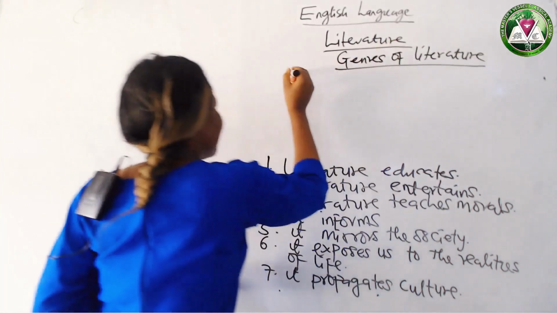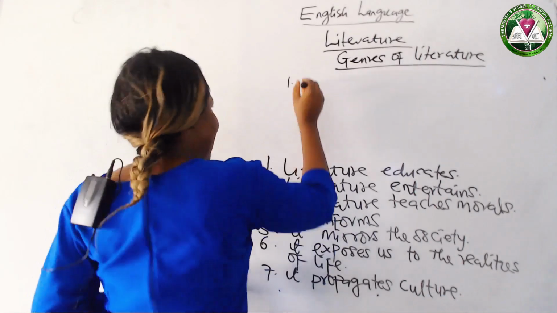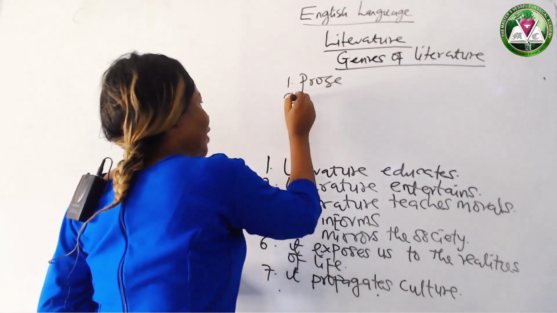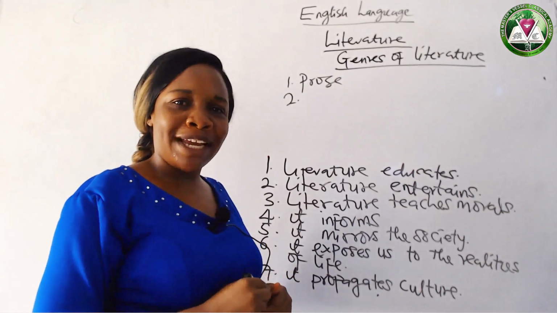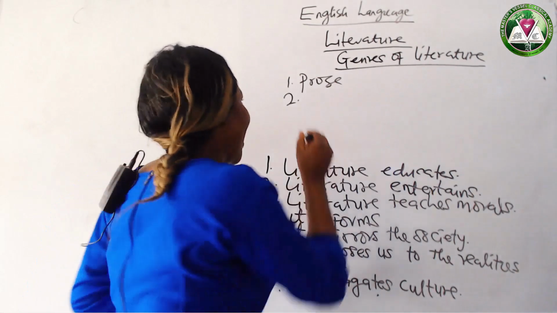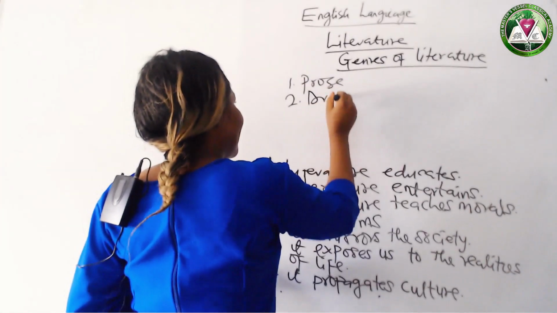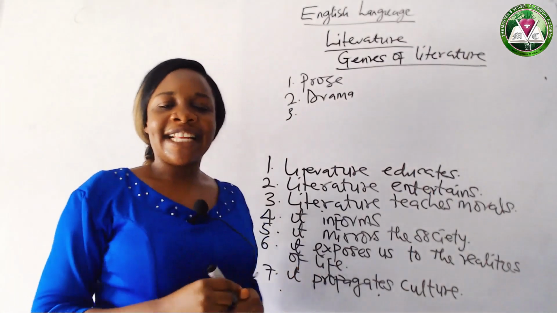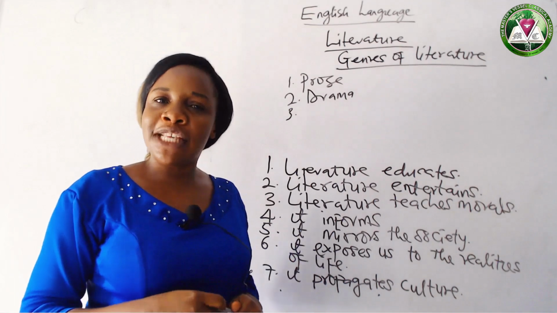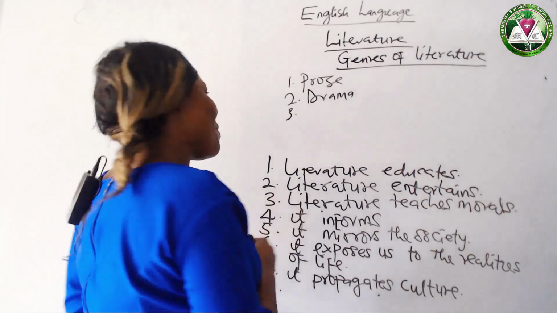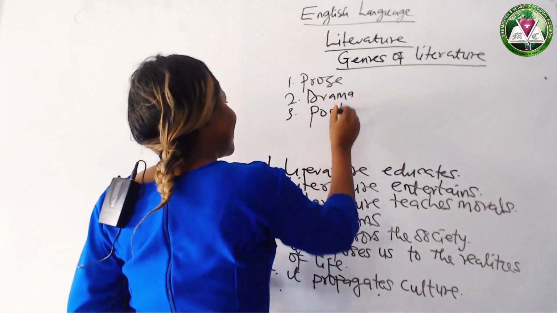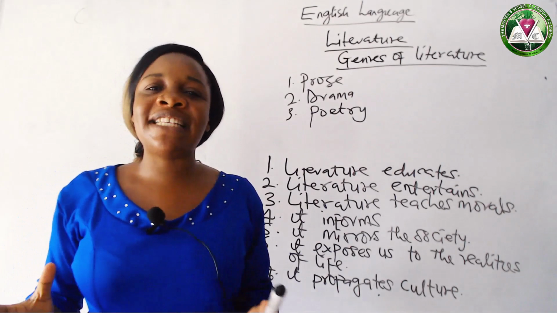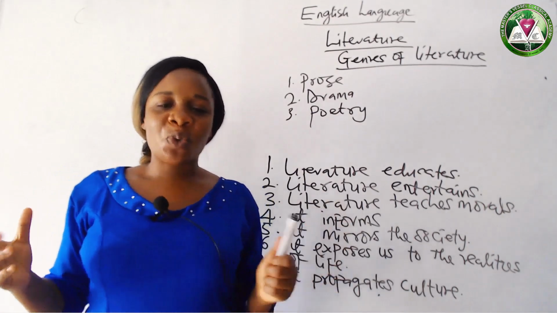Yes, prose is correct. Number two. Can you remind me? Okay. Drama. Okay. The third one. What did you say, Munachi? Okay. Poetry. That's correct. So these are the three genres of literature that we have.